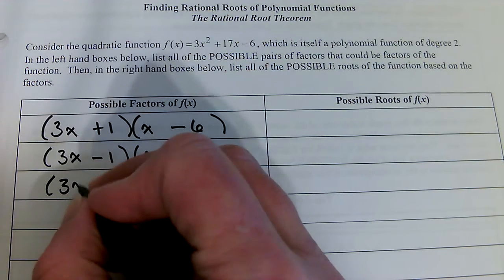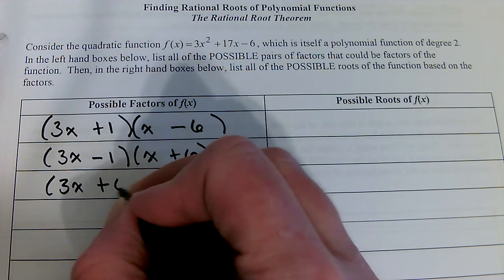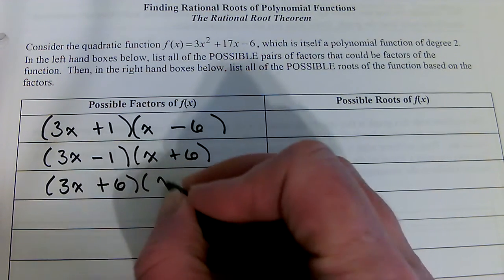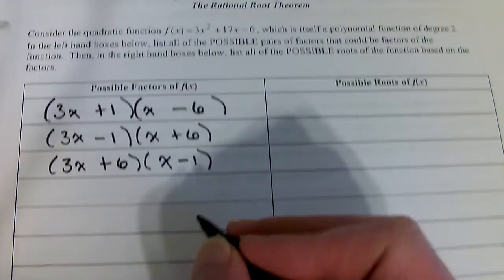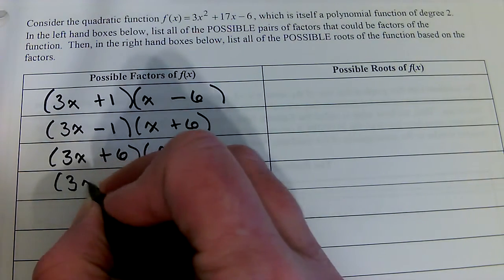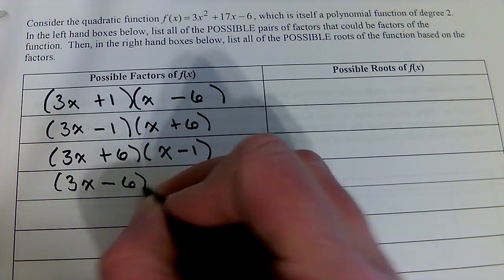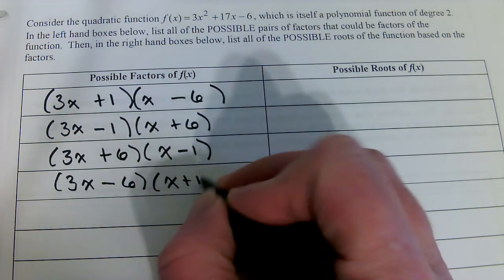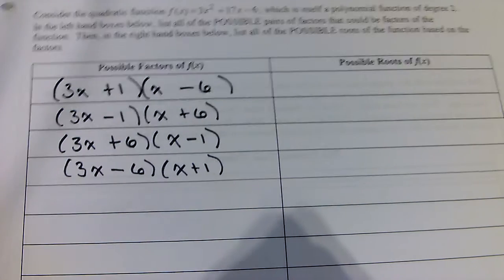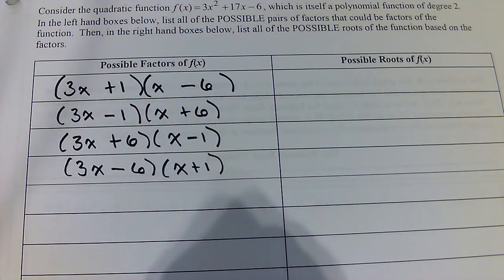Another option, I could have the +6 here and -1 here. I could have 3x minus 6 and x plus 1.